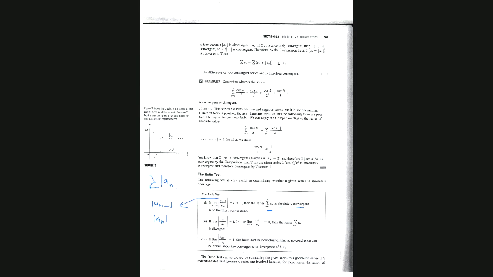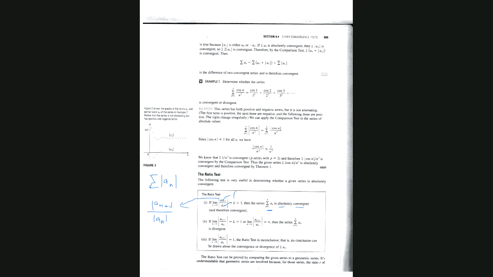And they're saying, look, if the limit of that ratio, as you go out in the series, if a term divided by its previous term is equal to L, or approximately, as you move out into the series, if for n large, the ratio of two consecutive terms equals L, and L is less than 1, then our series absolutely converges.